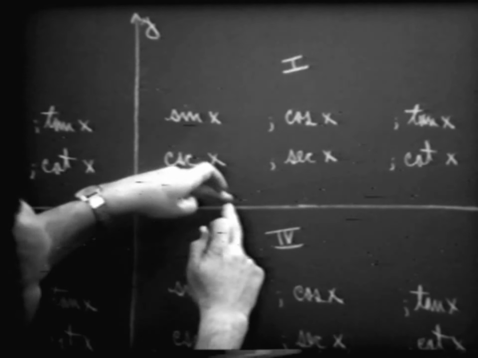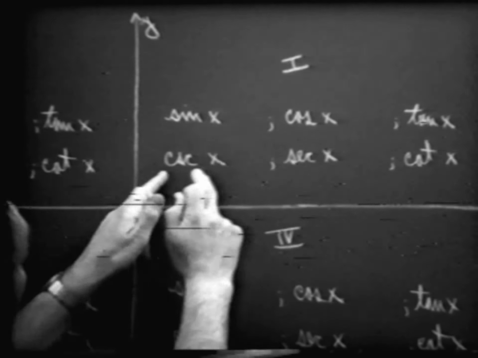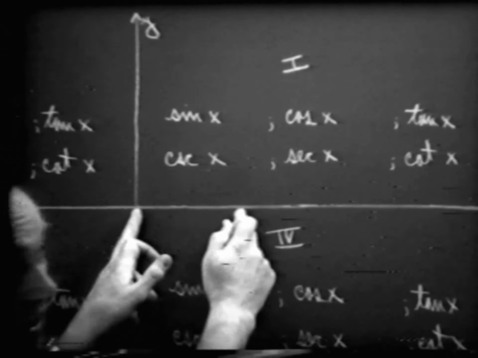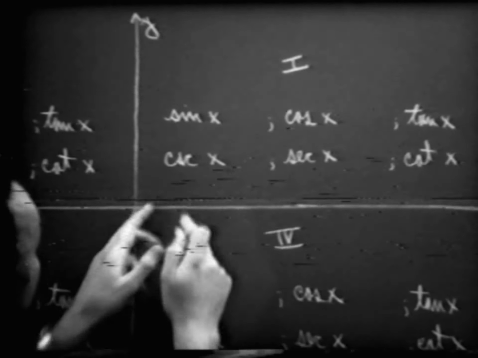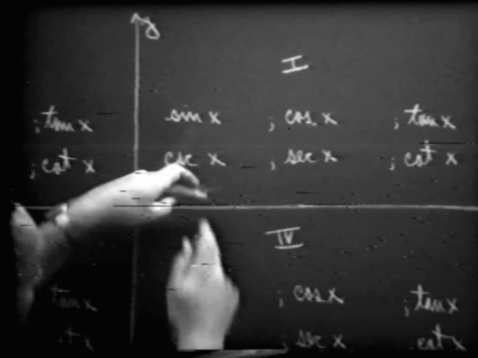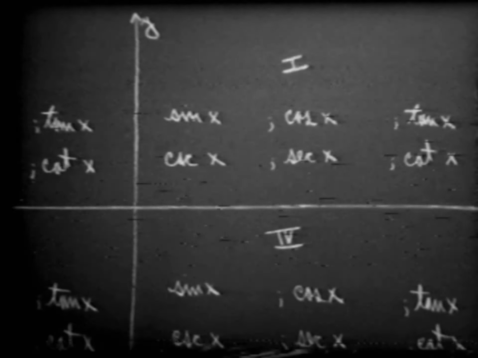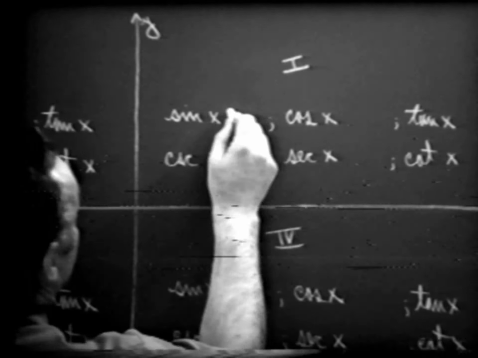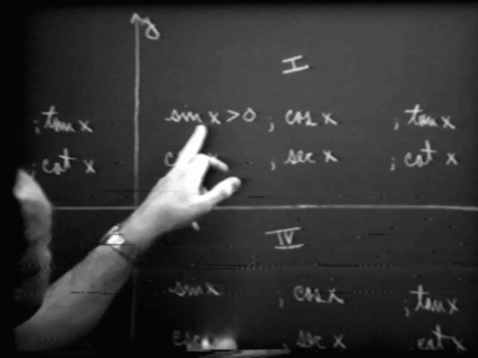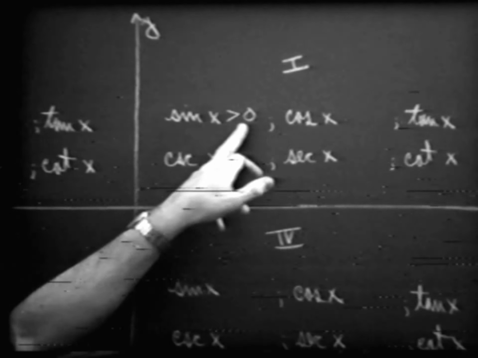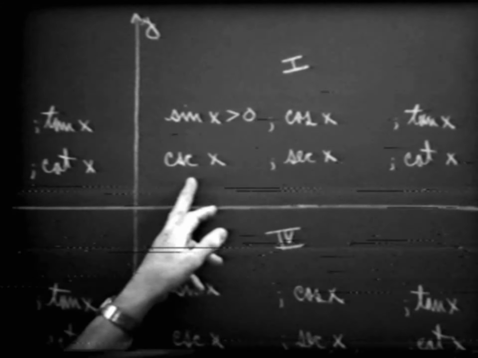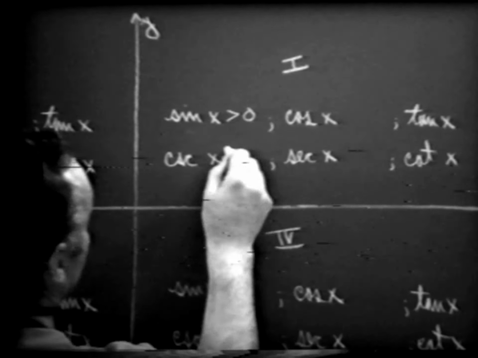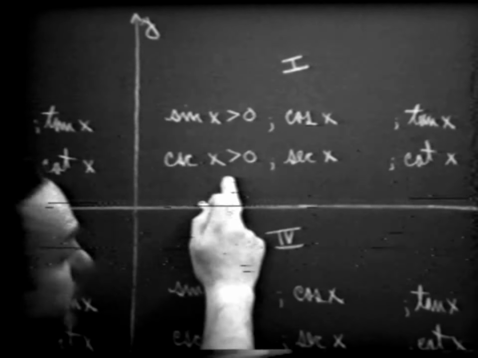The sine of x has to be the height, and the cosine of x has to be that length. Is that right? And in the first quadrant, the sine of x is going to have to be what kind of number? Is it positive or negative? Positive. It's positive. Certainly, it's greater than 0. If the sine of x is greater than 0, its reciprocal must also be greater than 0. So that automatically gives you its reciprocal function.